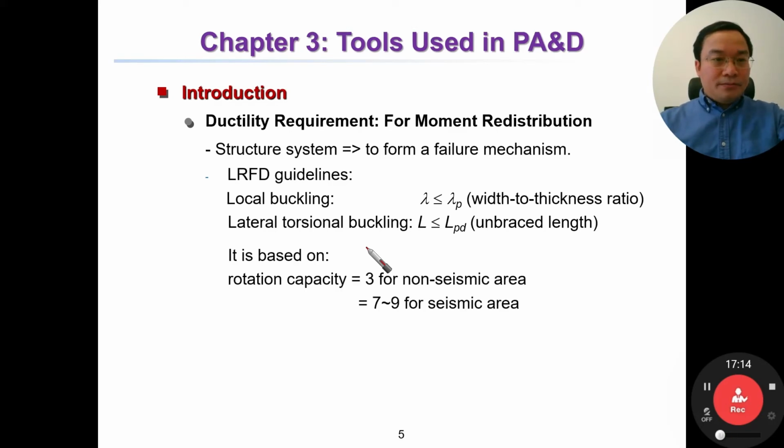Alternatively, it's based on the rotation capacity.